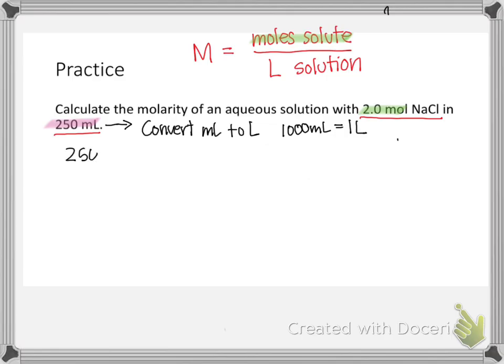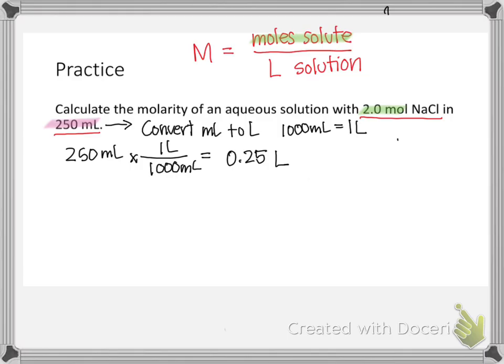And to convert milliliters to liters, you divide by 1,000. Or you can simply think of it as moving the decimal 3 places to the left. And I suppose there's only 2 significant figures there because the 0 doesn't have a decimal after it. All right, so 250 milliliters is 0.25 liters.